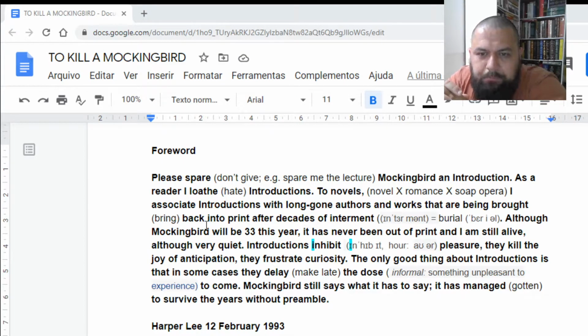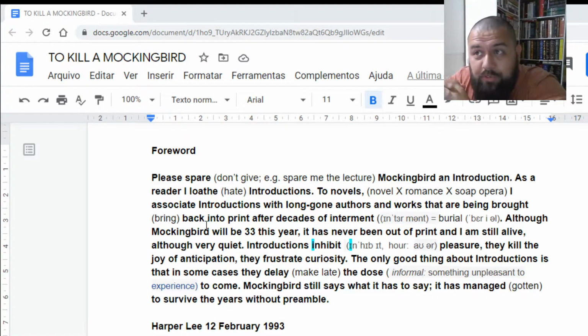Although Mockingbird will be 33 this year, remember, 33 by the time the foreword was published, so meaning 1993. 1993, 2003, 2013. So Mockingbird has more than 50 years by now, right?